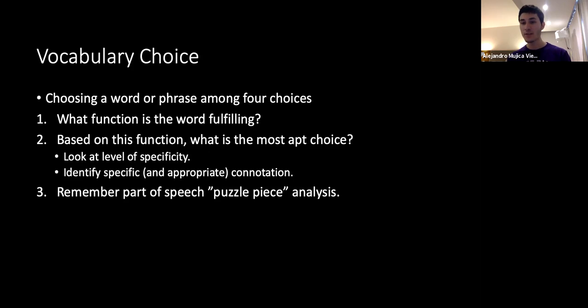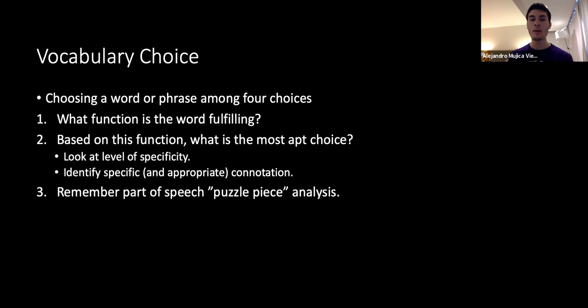Specificity goes towards precision. Saying I'm hungry is not the same as saying I'm starving. So you look at which one is the most precise for this instance, and then you look at connotation.